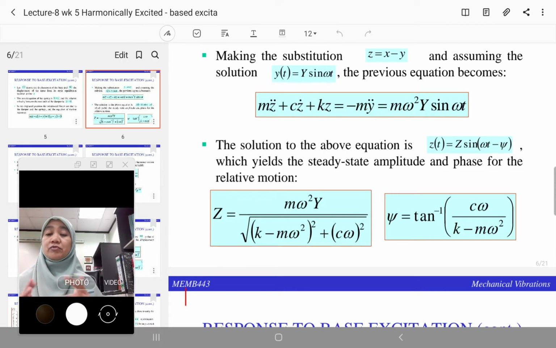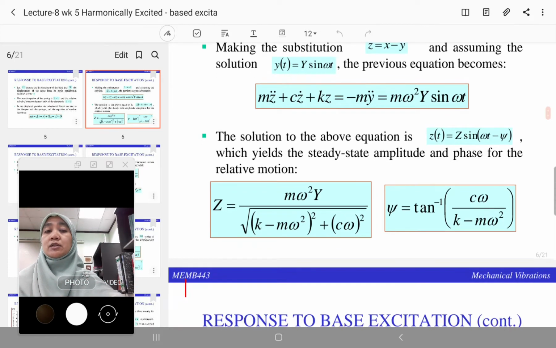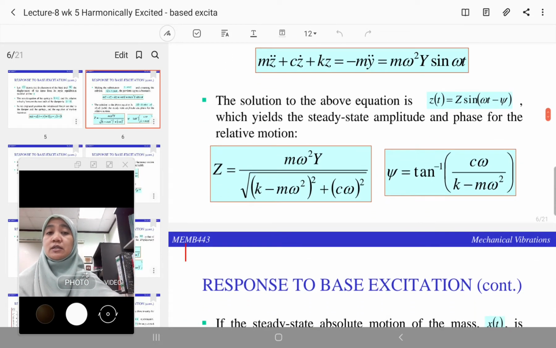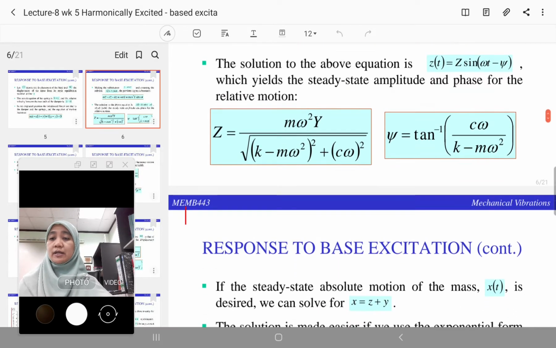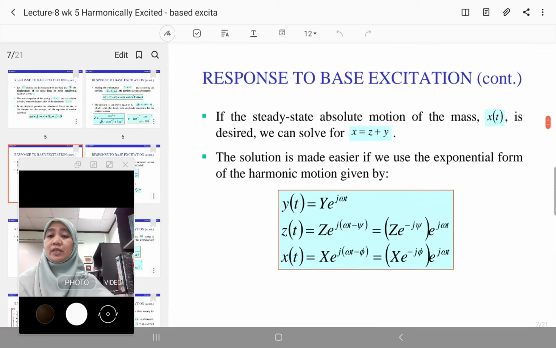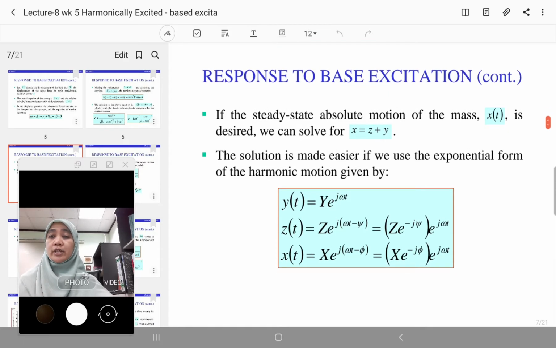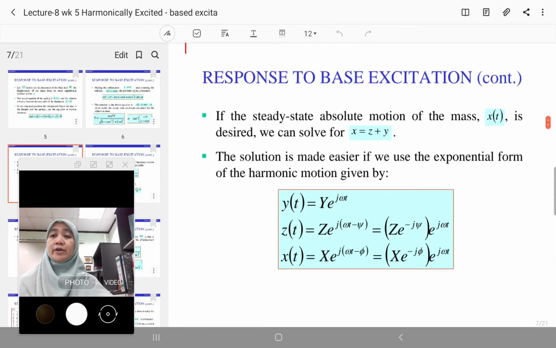The main difference here is the variable. Instead of x, it's actually z now, and for the angle, instead of phi, we use chi. If you look at the steady state absolute motion of the mass, you can solve for your x, z, and y.